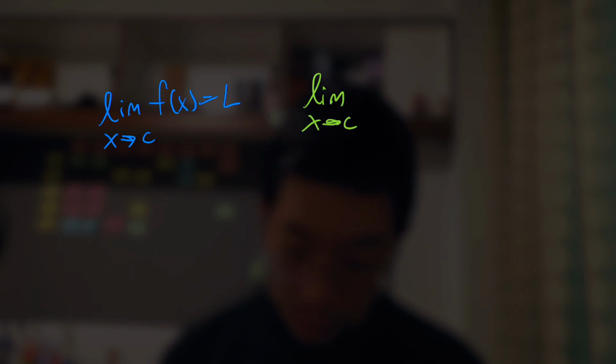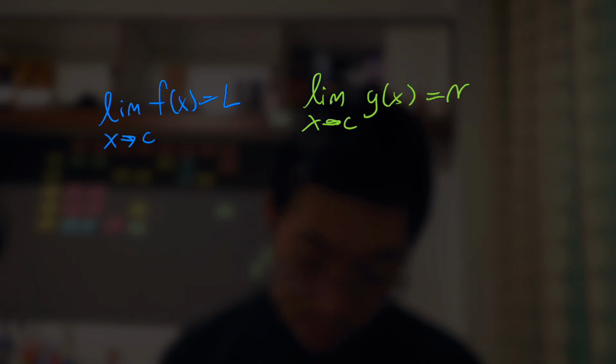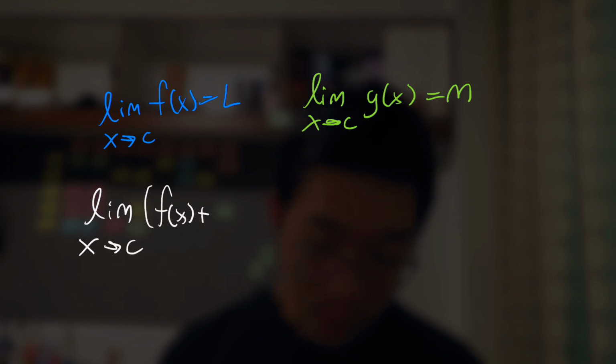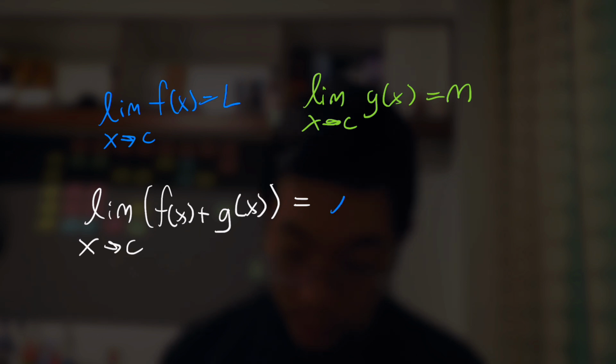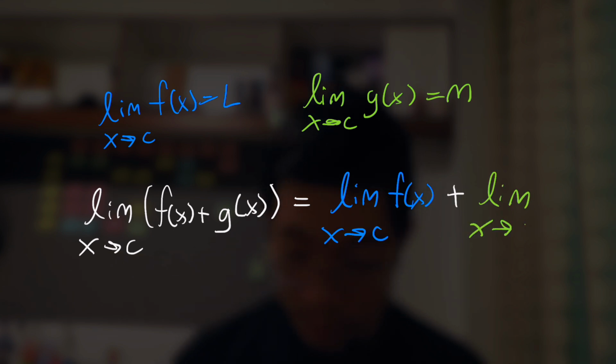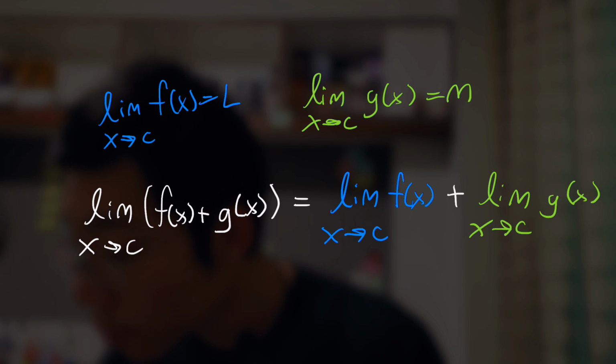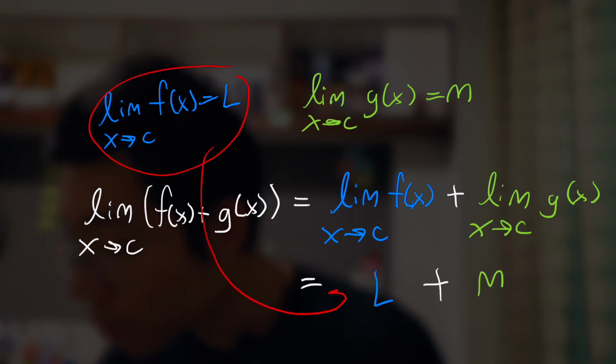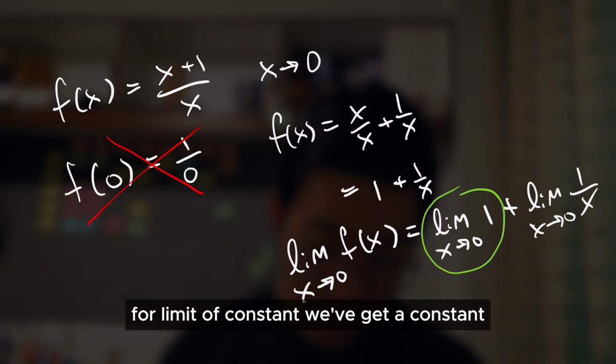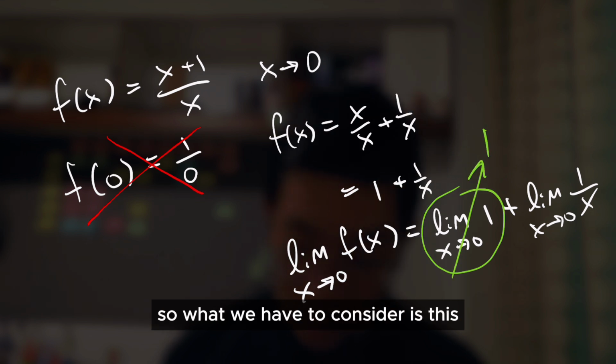When we have limit of x approaches c of f of x equals L, and if we have limit x approaches c of g of x equals m, we will get that limit x approaches c of f of x plus g of x will be equal to limit x approaches c of f of x plus limit x approaches c of g of x, which is L plus m. You can see it from here and here. For limit of a constant, we will get the constant. So what we have to consider is this.